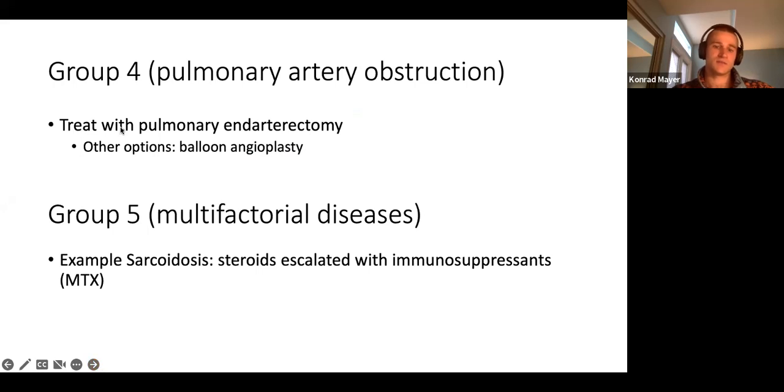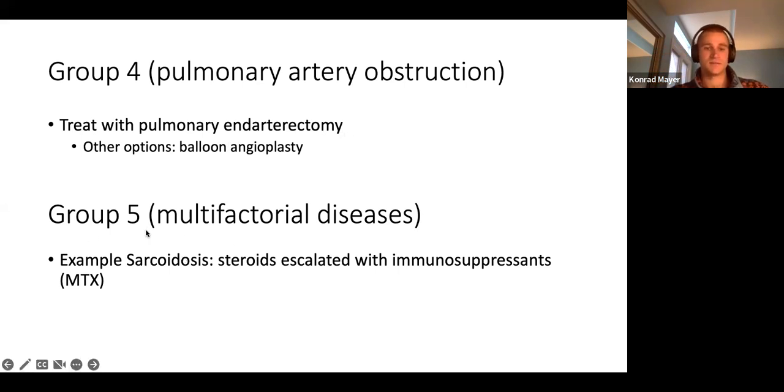If it becomes so severe as to cause pulmonary hypertension, these people are treated with pulmonary endarterectomy. If that is not an option, you can treat it with balloon angioplasty. The idea here is just cleaning out the arteries or dilating them mechanically.